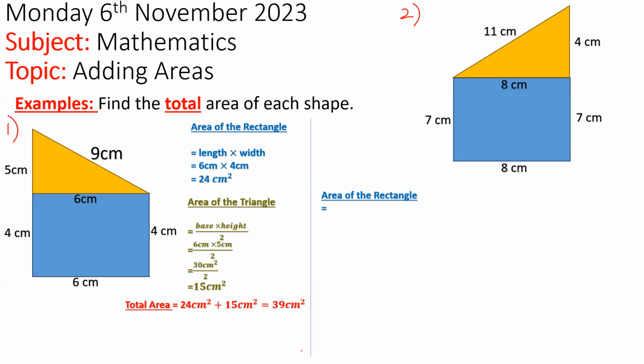Matthew, do you know how to do that? Yes, sir. Good. So I need you to find the area of the rectangle and put your answer inside the chat, please. Malik, do you know how to do it? Yes, sir.